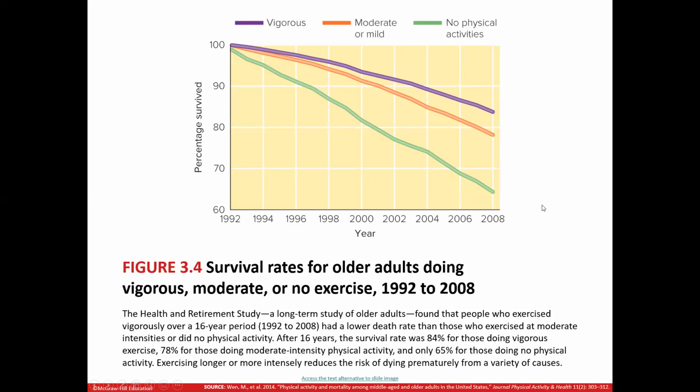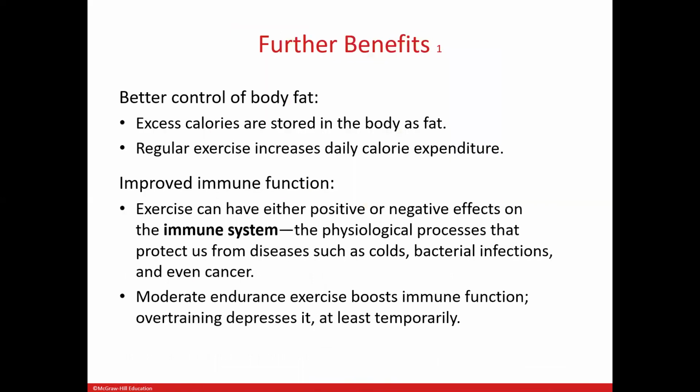As you can see, exercise is not just for you to have abs, but is also very important for your mental health and also aging and surviving. So other benefits are that you have better control of your body fat and also your immune system.